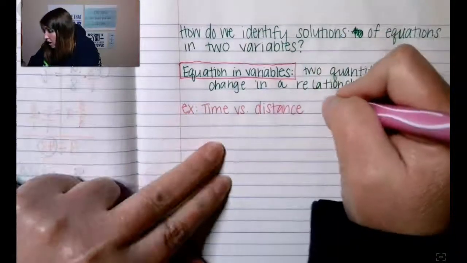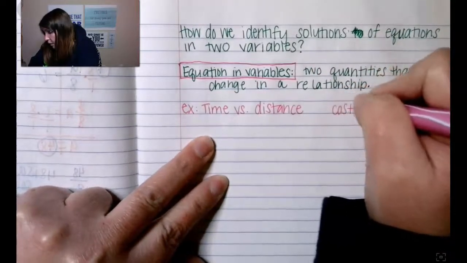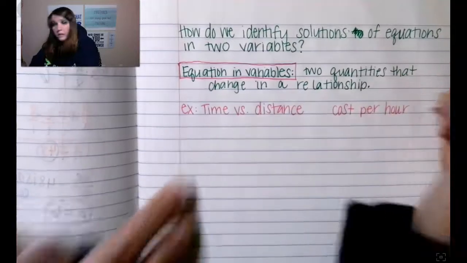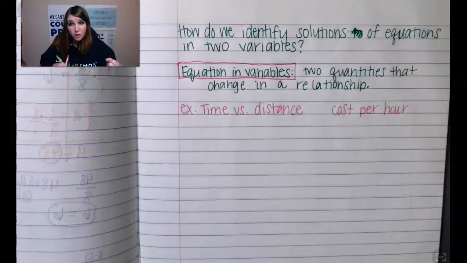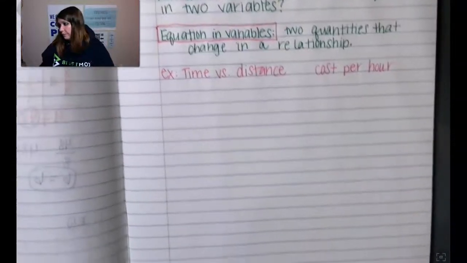Okay? Or like the cost per hour. Okay, so like how much does it cost to have somebody do that for you per hour? Or how much are you going to charge somebody to do work for them per hour? That's what I'm talking about with relationship.